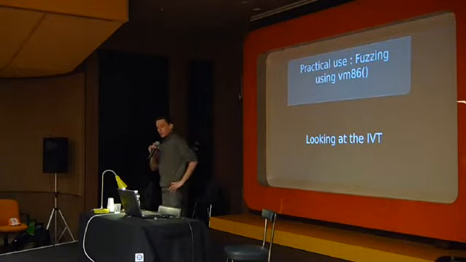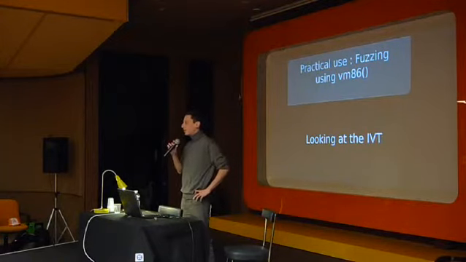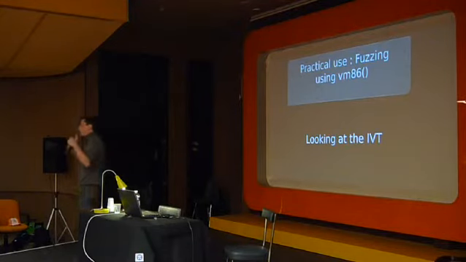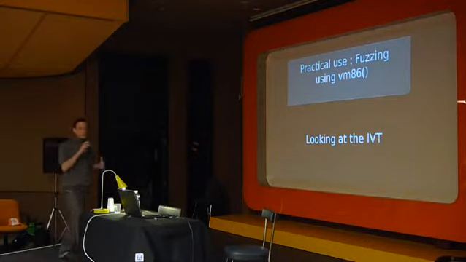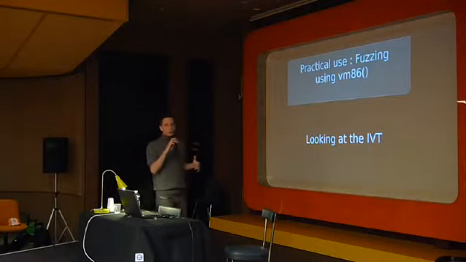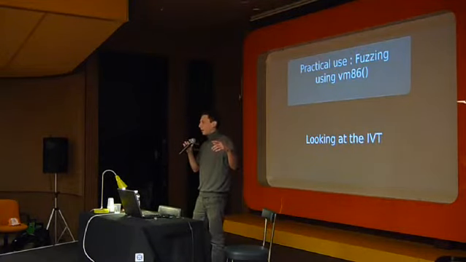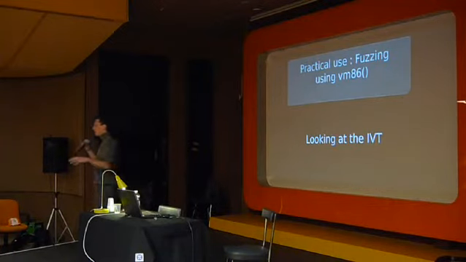So the practical use of this is obviously writing a fuzzer, which is as exhaustive as possible. We've seen that trying every value of every register which can be used as an input would mean trying around 10 power 19 operations. Okay, I can't afford that. I don't have a huge cloud to do this.